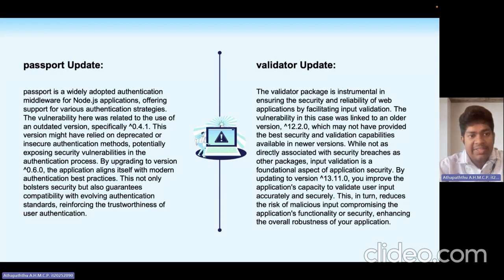Passport is the authentication middleware for Node.js applications, offering support for various authentication strategies. So I updated 0.4.1 to 0.6.0. So last, I updated the validator package. The validator package is important for the security and stability of web applications by enabling input validation.